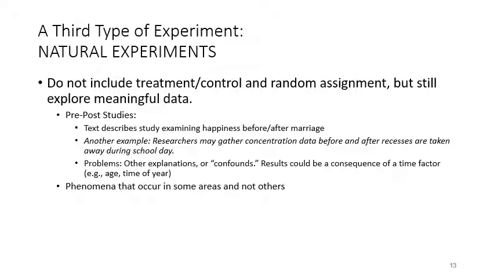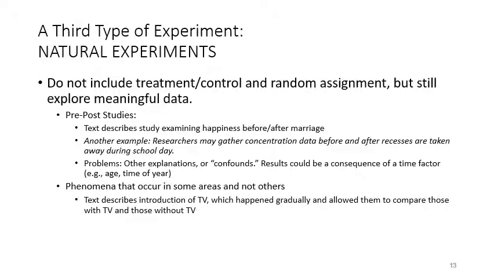But another way that we might think about it is to look at phenomena that occur in some areas and not others. For example, TV was introduced in certain parts of the country, and it wasn't introduced yet in other parts of the country. So if we wanted to find out what the impact of TV was on homes, then we might compare some variable of interest between those households who had gotten the TV and those who hadn't yet gotten the TV.